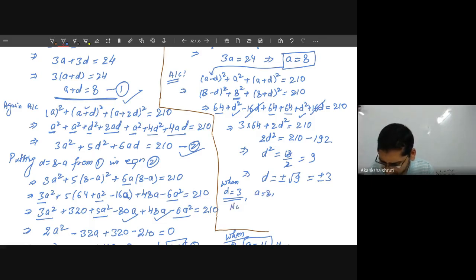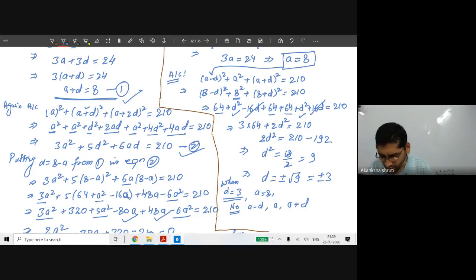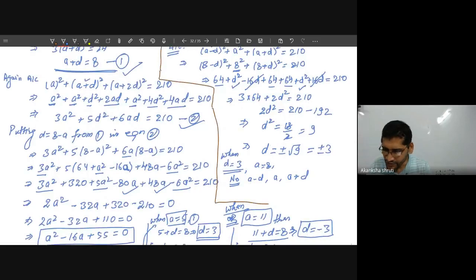So number, what is number? Here a minus d, a and a plus d. स्टूडेंट, ये भूलना नहीं है कि जो नंबर लिया है उसी में सब्स्टिट्यूट करें. यहां पे हमें 8 माइनस 3 लेने हैं, इधर 8 लेने हैं, इधर 8 प्लस 3 लेने हैं. मीन्स इट इज आवर 5, 8 एंड 11.